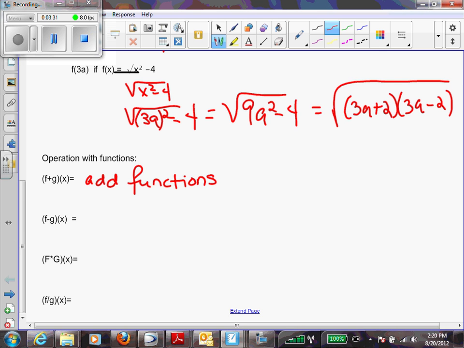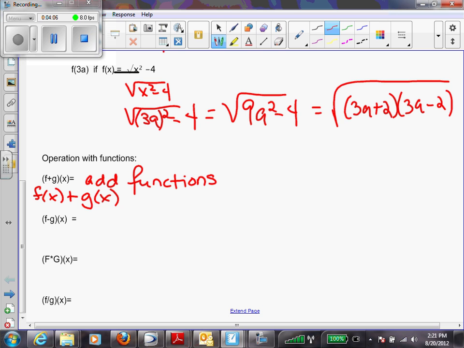This is saying f of x plus g at x. x is my independent variable for both of those two functions. What am I going to do with those two functions? I'm going to add them together.